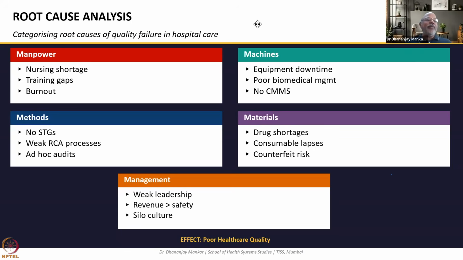Now comes the material part, which is very, very important. Drug shortages are being seen in the pharmacy, consumable lapses are being seen from the different departments, and counterfeit risk, which means the hospital has to take management more seriously as a base and fundamentally take it into shape. The weak management and weak leadership seen in all these RCA reasons are more because of that.